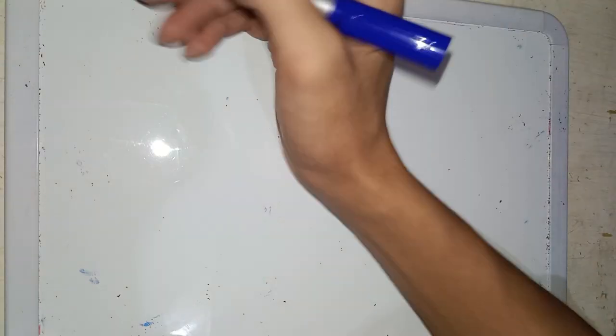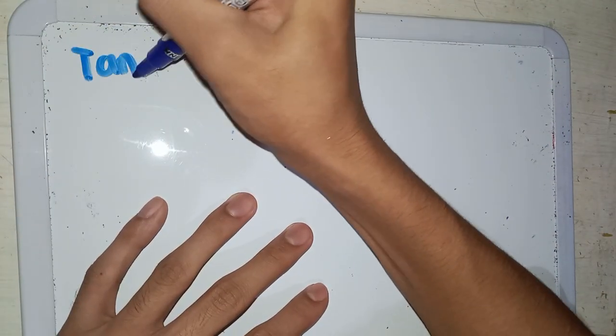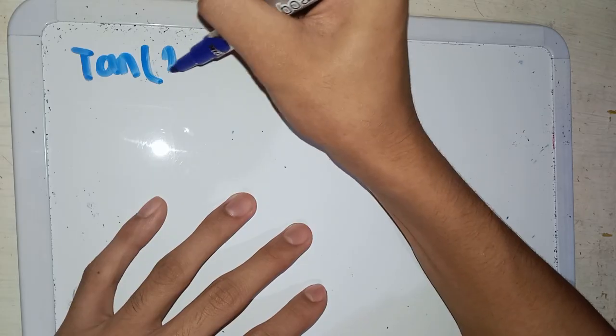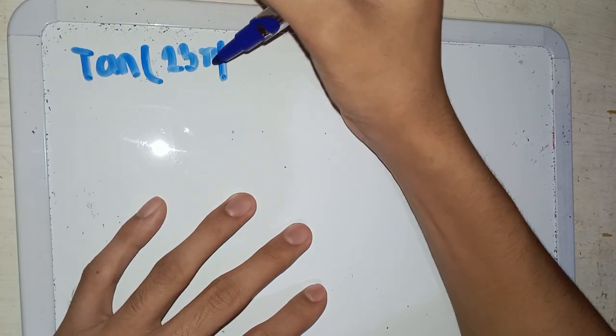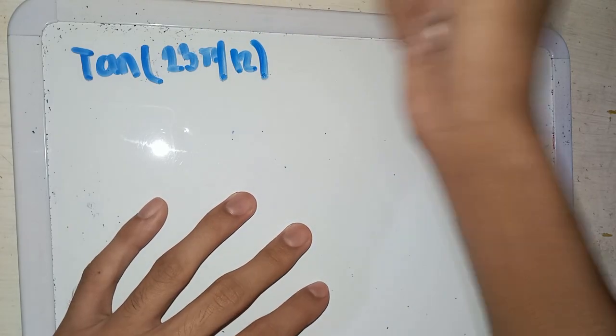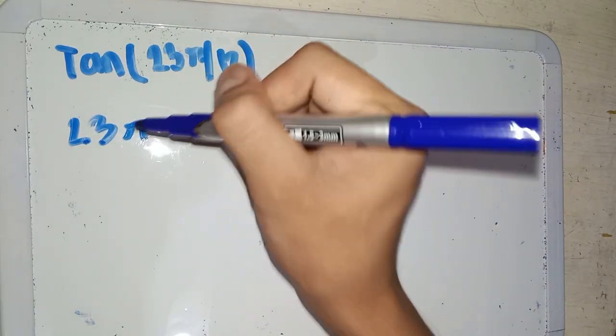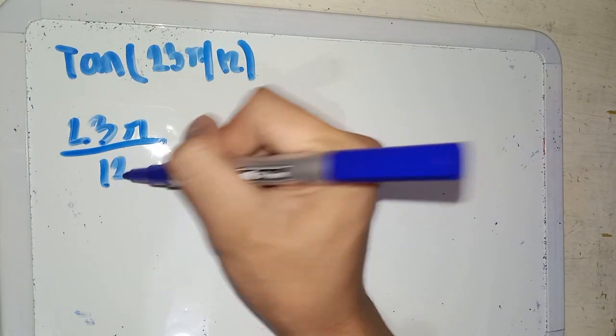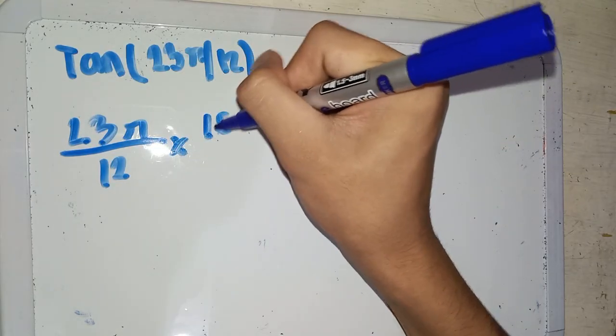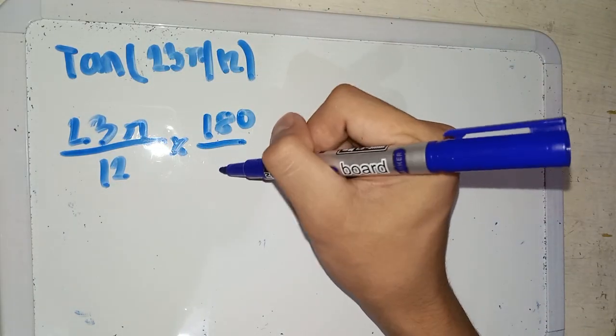Now, let's proceed to another example. Tan 23 pi over 12. So again, the first thing we should do is convert the angle from radians to degrees. To do that, we need to multiply 23 pi over 12 times 180 over pi.